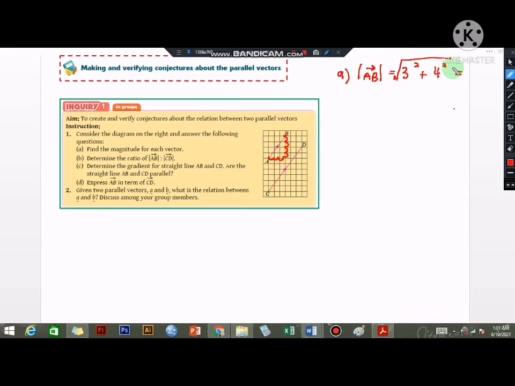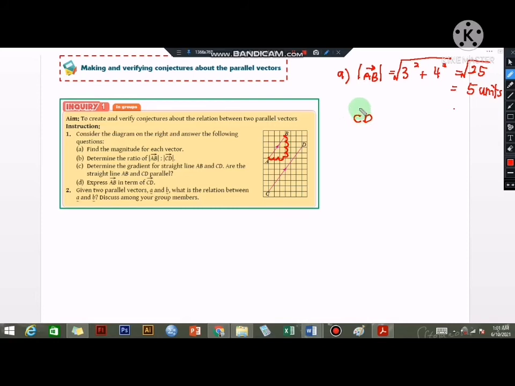So what did you get? What is your answer? 3 squared plus 4 squared, and then you will get 25. Square root of 25, and then your final answer is 5 units for the magnitude of vector AB. Now look at vector CD.